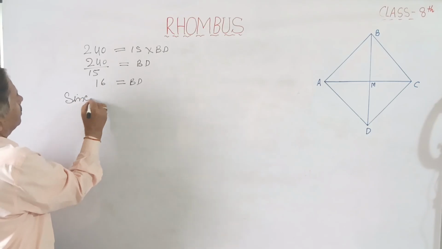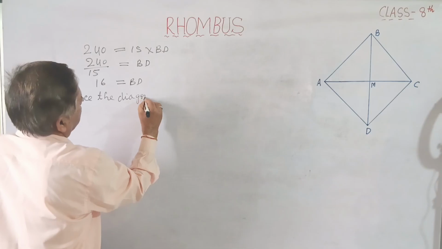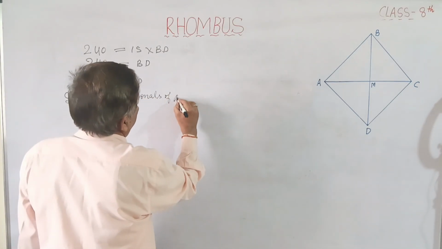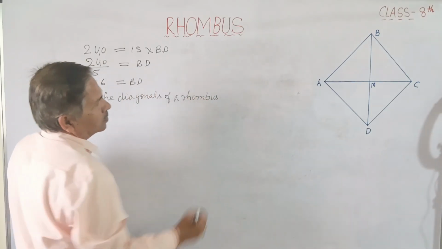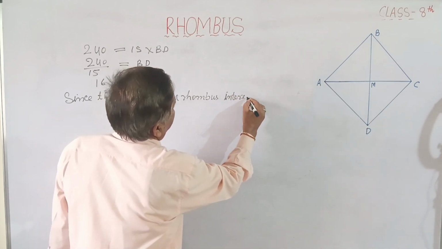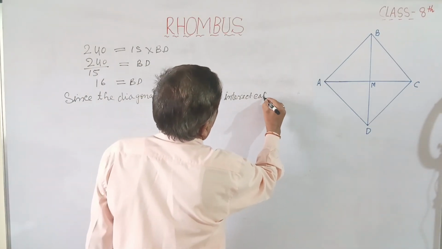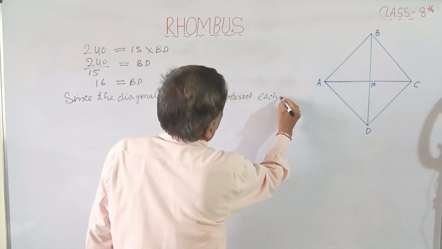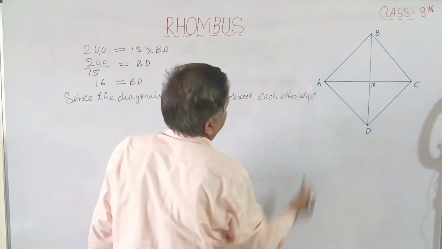Since the diagonals of a rhombus intersect each other at 90 degree.